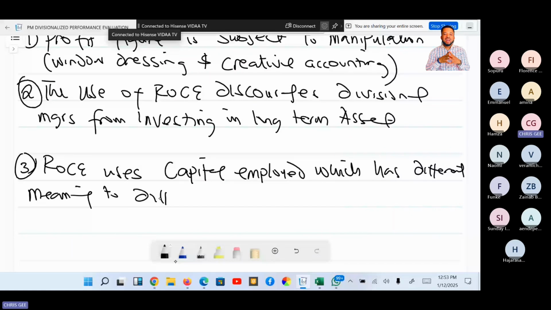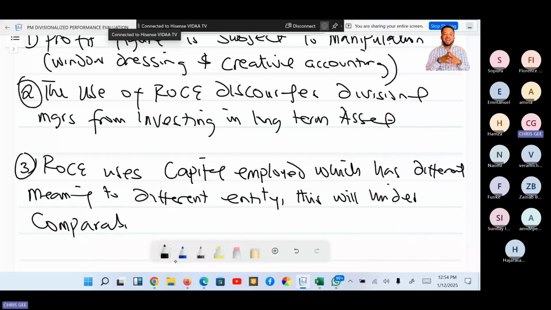This will hinder comparability of results.